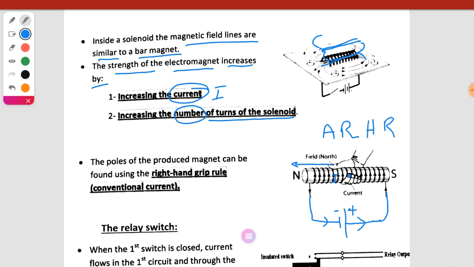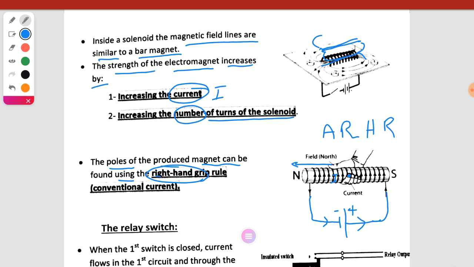Ampere's right hand rule again: if the fingers of the right hand point in the direction of the current, the thumb will point in the direction of the north pole. This means that the pole produced by the magnet can be found using the right hand, or another method, the Maxwell screw rule or Ampere's right hand rule.